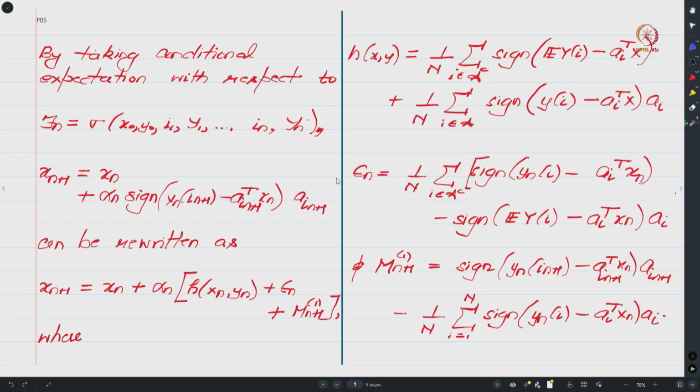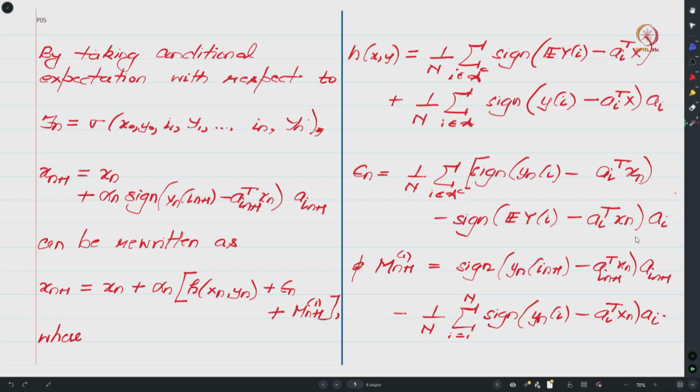Now this epsilon n, as before, is the difference between the idealized update direction, for the case where we hypothetically know the expected value of y, and the realistic scenario where we know y_n. So epsilon n is the difference between these two expressions. This matches what we had in the previous noiseless scenario also.